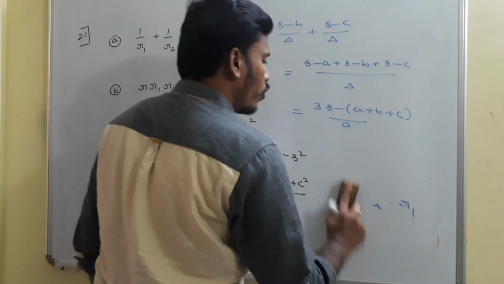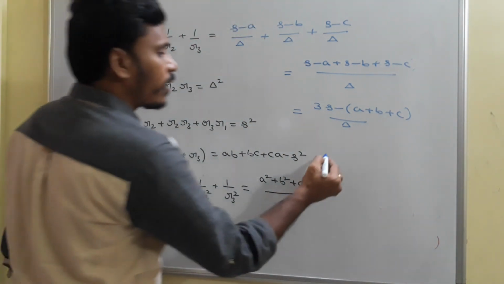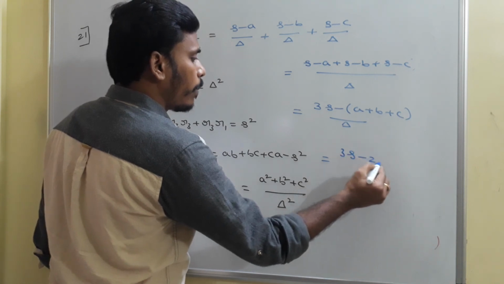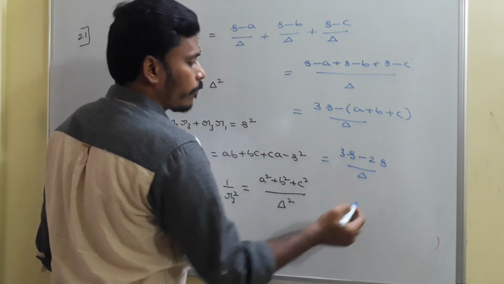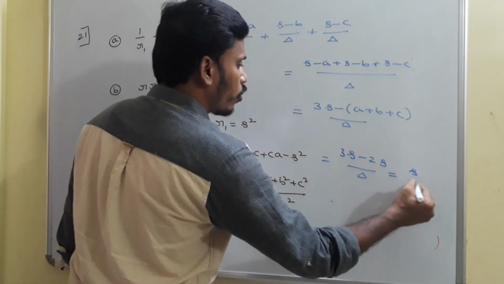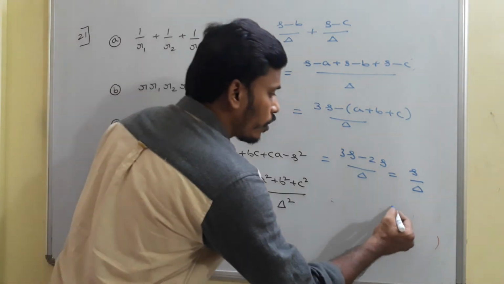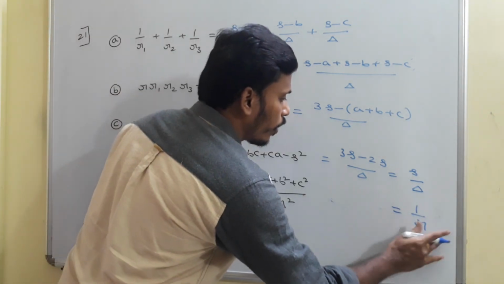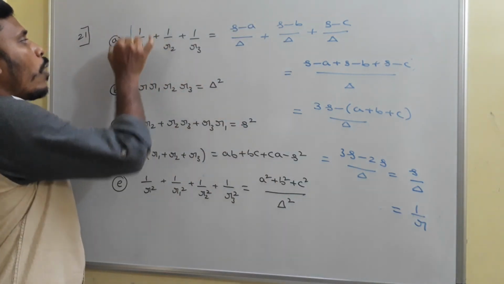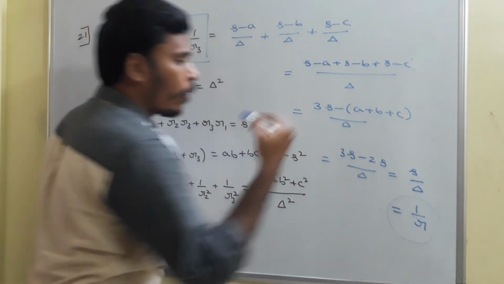As I mentioned, A plus B plus C is 2 times S. That is equal to 3S minus 2S by delta. 3S minus 2S is simply S. So that is equal to S by delta. And delta is R into S. So if you replace it, this is directly 1 by R. At the end, 1 by R1 plus 1 by R2 plus 1 by R3 is equal to 1 by R.